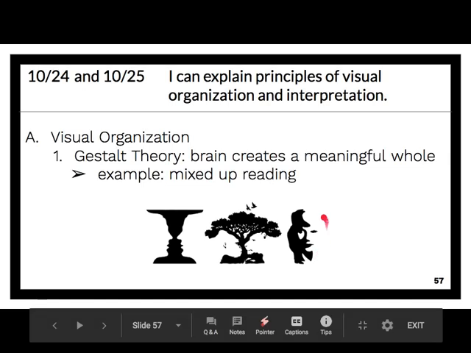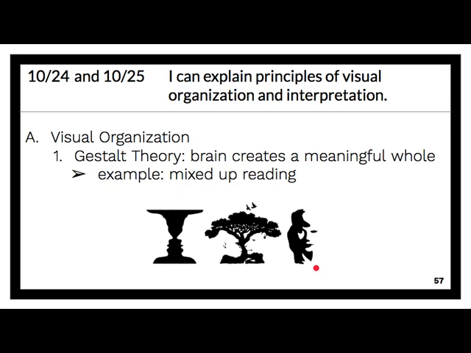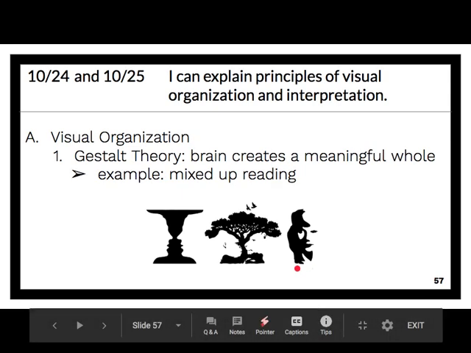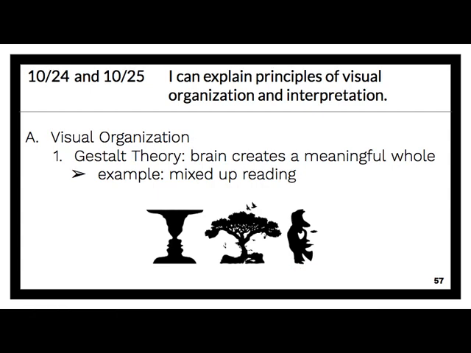Okay, so who first in this picture? Just raise your hand. Who saw the woman first? Okay, who saw the man playing the saxophone first? Okay, there's really no meaning like what you saw first. It's just what happened to pop out. Okay, so that's what we're looking at, and we like to create that meaningful whole. We see a whole woman's face, even though it's kind of cut off on the right side.